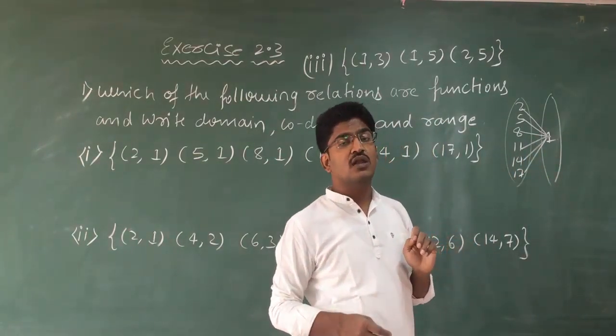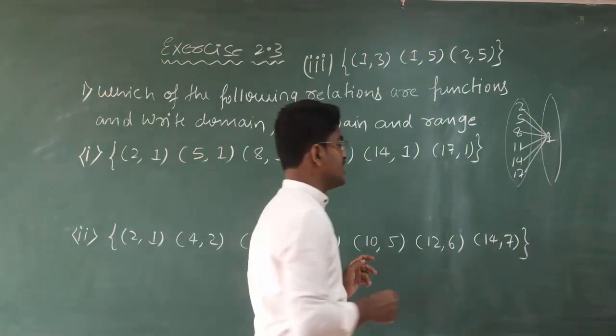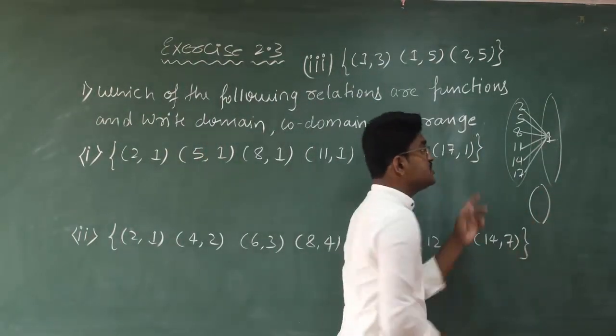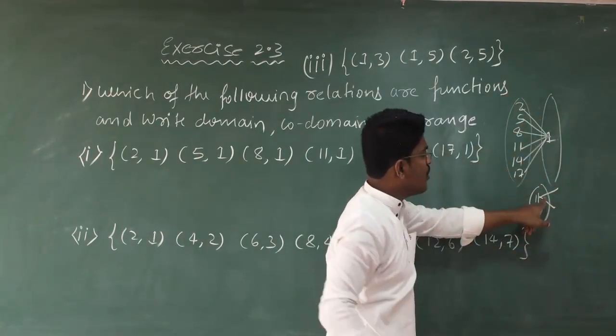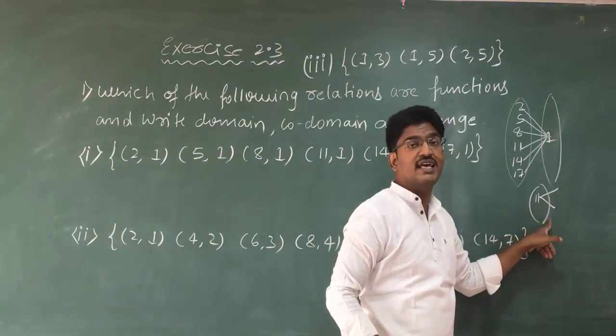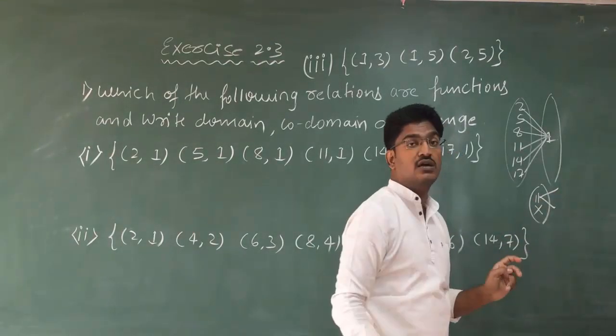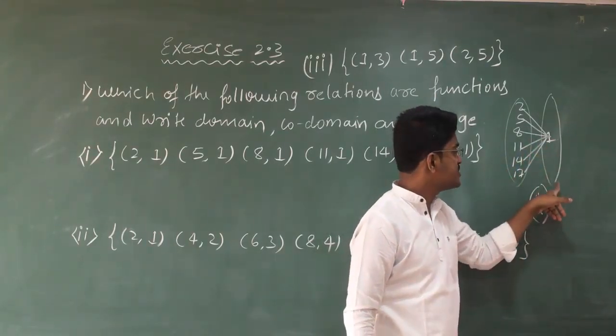Clear? Then what is a unique image? What is not a unique image? That also has to be clarified. Suppose this 11 has images of this kind. Then it is not unique. See this, 11 has only one arrow. Here 11 has 2 arrows.